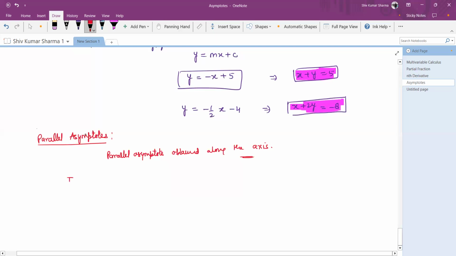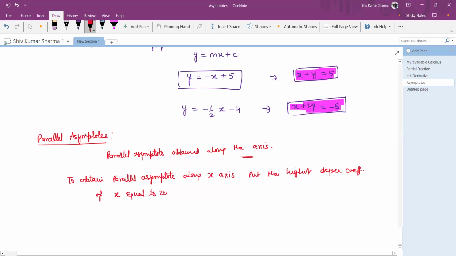Now to obtain the parallel asymptote along the x-axis, put the highest degree coefficient of x equal to 0.